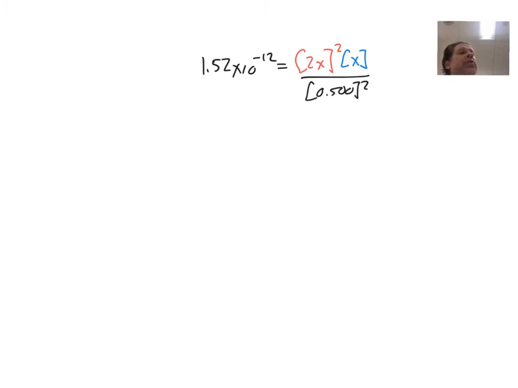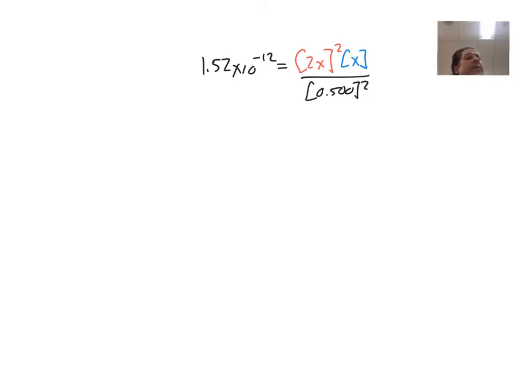Next page here because I need the room, so I'm going to rewrite the expression as 1.52 times 10 to the minus 12 is equal to 2x squared times x over, which we just said we were negating the 2x, so it's going to be 0.500 squared.